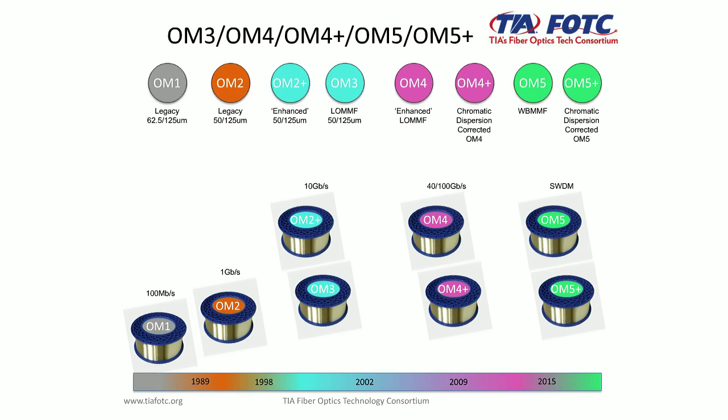We have, and I don't know if everybody recognizes this, an OM2 plus fiber that was popular for a while. It was, again, 10 gig fiber. I've colored it aqua. I think a lot of the solutions in the market for OM2 plus were aqua.